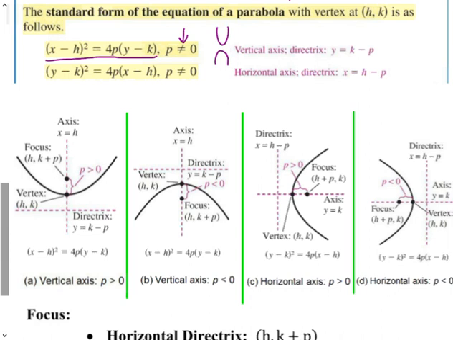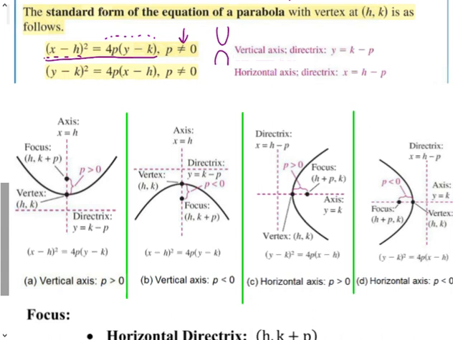The first question would typically be, how do you know which way we're opening? The p value is actually the decider, right? Back when it was y equals a x squared, it was a that decided that. If a was positive, we opened up. If it was negative, we're going down. So looking at the equation here, we have a number times y equals x squared, the general idea.